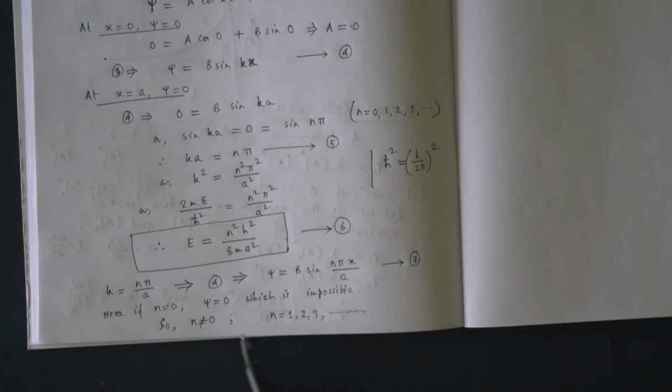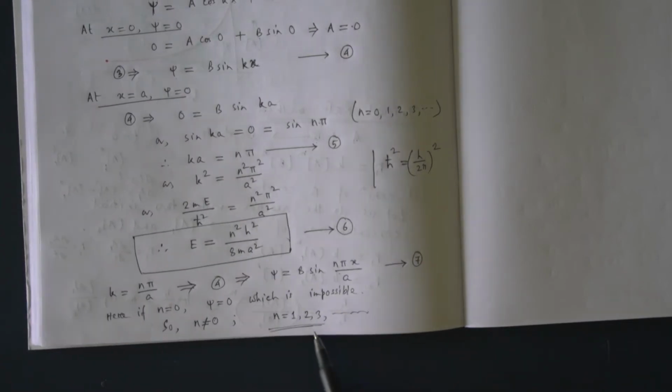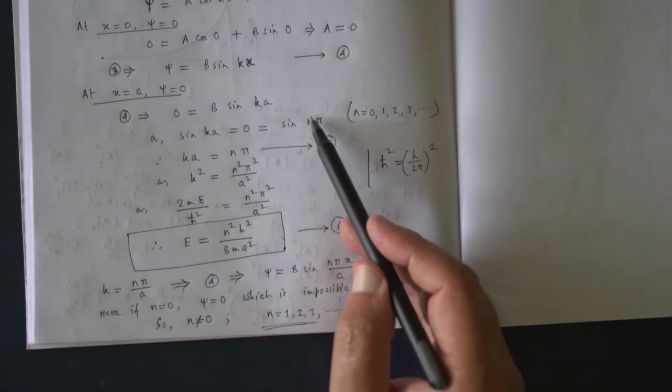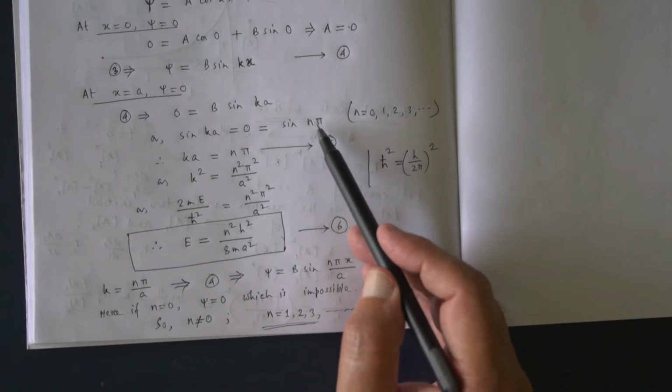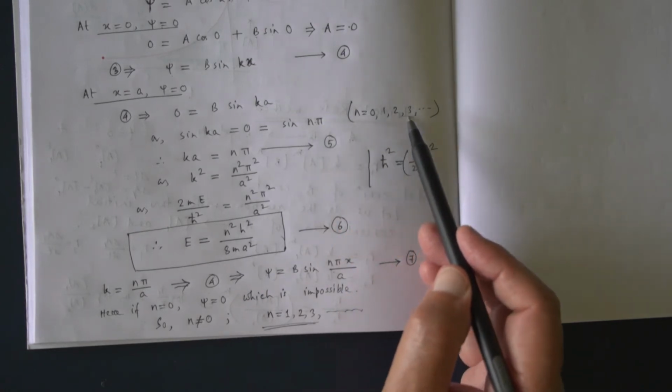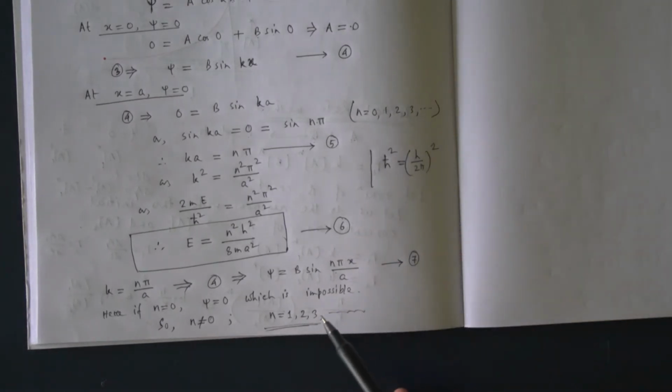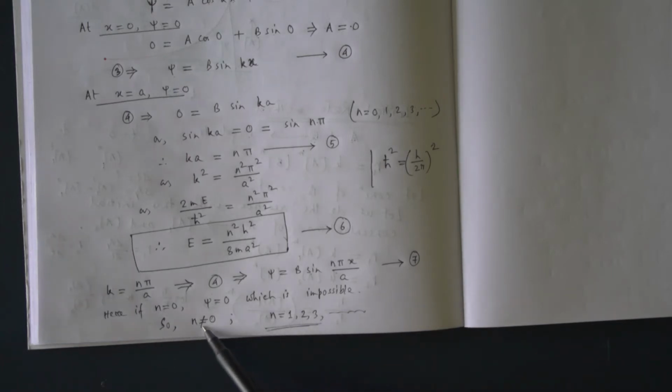Okay, so this is very, very important. We have obtained a quantity n, and first we observed that n may have values like 0, 1, 2, 3, etc. But now we have proved that n cannot be 0. n can have only values like 1, 2, 3, etc. Okay, n is called the quantum number.